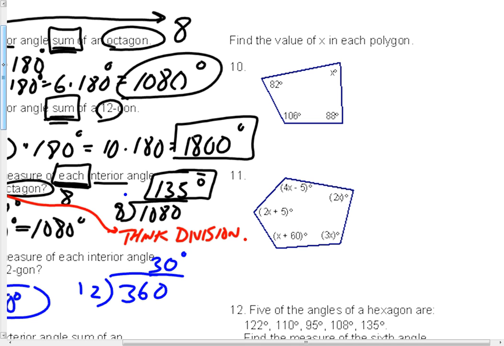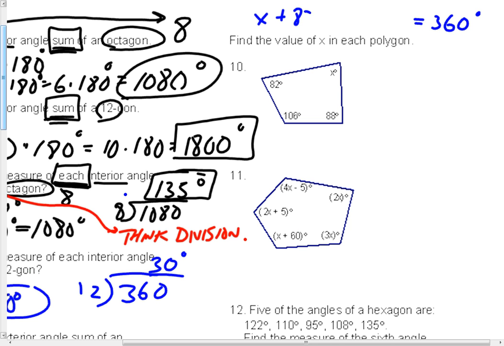What's the total on any quadrilateral? 360. I don't even have to think about it. I could go through the n minus 2 times 180 process, but it's always going to be 360. This shape is the one shape that's 360 on the inside, and what is the outside always? 360. So for a quadrilateral, you don't have to think too hard.